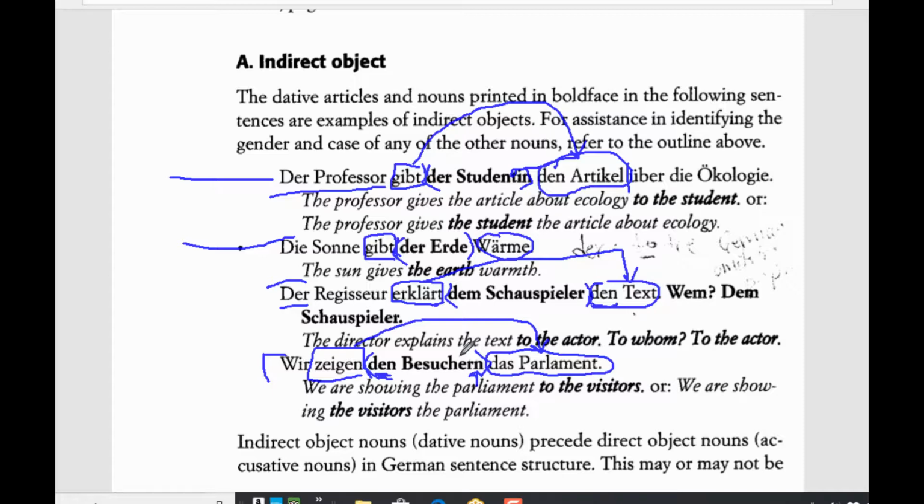In some languages, even in Latin and Greek, you'll have a change of the noun to indicate what case it is. But in German, it's the definite article that takes on the role of indicating what role that word plays in the sentence.